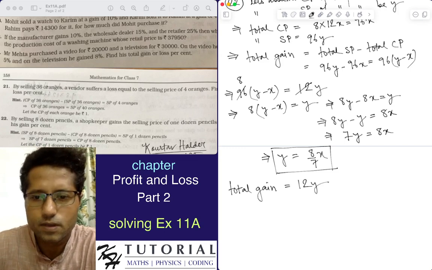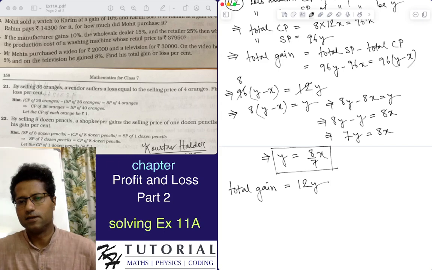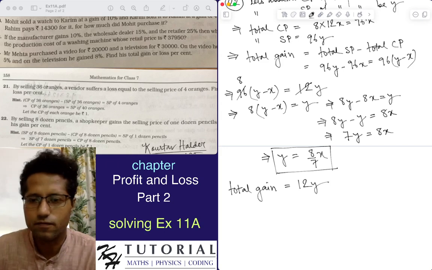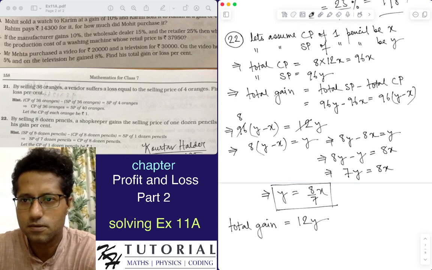So now we have to find what percentage this gain, 12y, is based on the total cost price, and the total cost price is 96x.